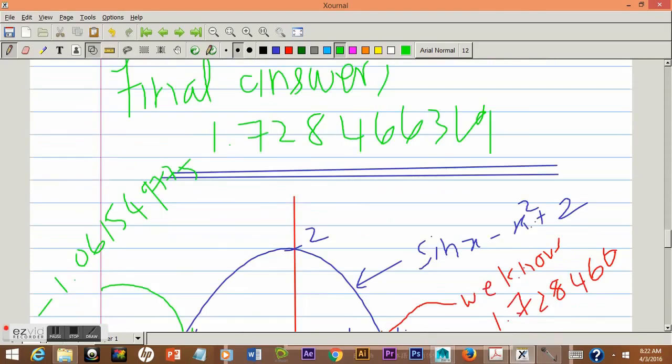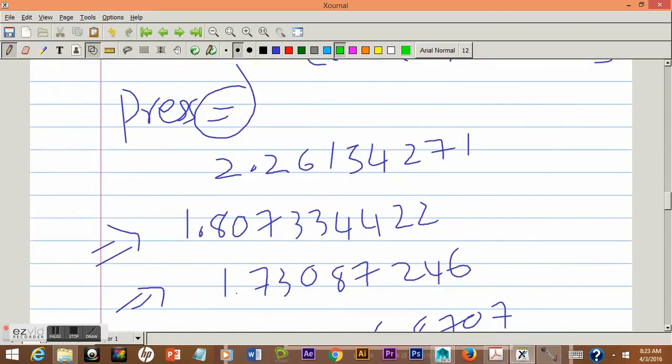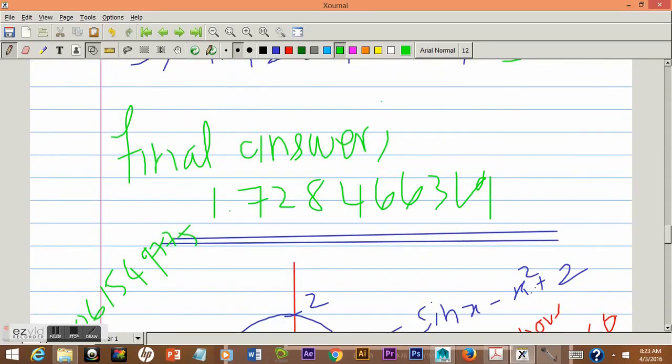So we have already found one root, and the final answer will be changed, and you have come up with minus 1.061549775. Please check this out, because I only got this idea while teaching, so please check this out.